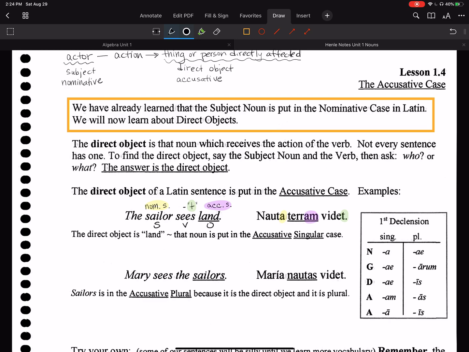Latin word order tends to be S-O-V: subject, direct object, and then verb. In Latin, the most important person or thing in the sentence goes first, and then the second most important thing, which is the thing that they're acting on.